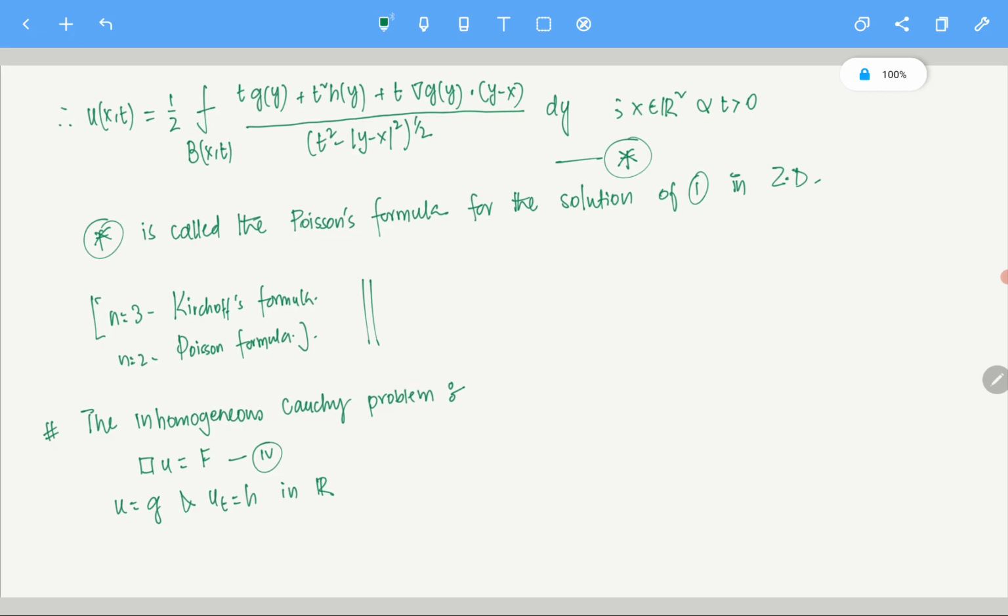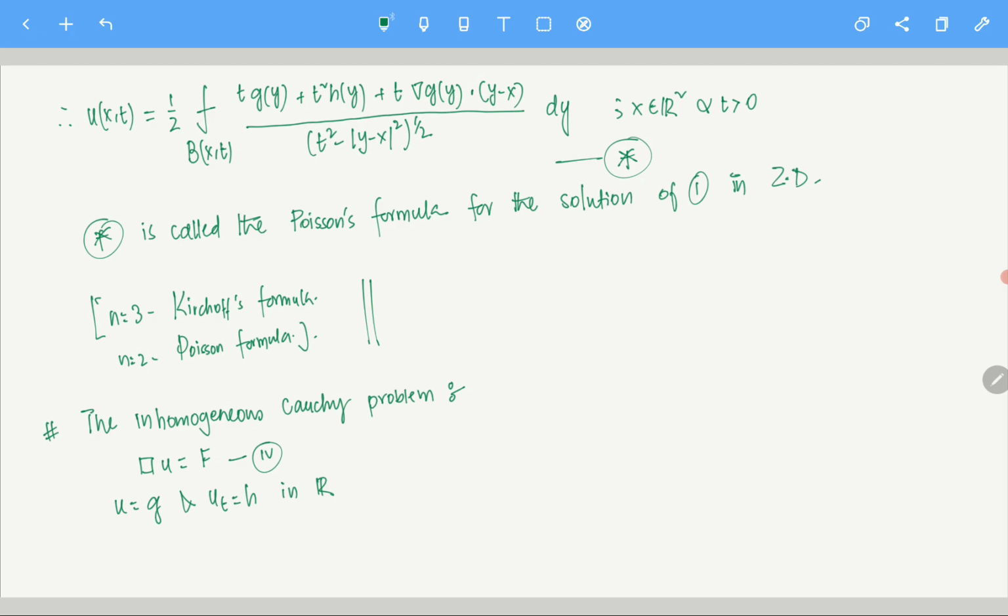But for now, let's assume that we know this. At least you can assume that n equals 2 and 3 we already know. 1 is the D'Alembert formula, 2 is the Poisson formula, 3 is the Kirchhoff formula, right? So all of these 3 we know. Now from there I want to find out, can we solve the inhomogeneous Cauchy problem?